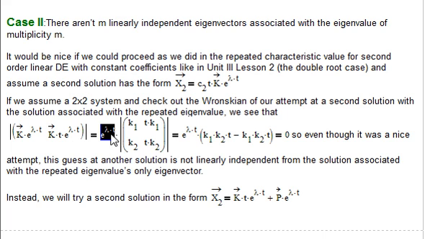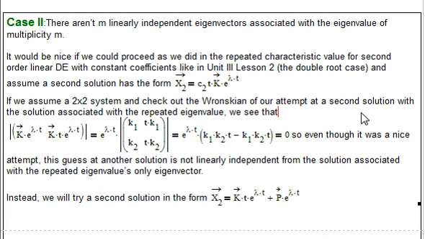If you factored out the e to lambda t, k1, k2, and tk1, tk2, and multiply that out, you get e to lambda t times k1 k2 t minus k1 k2 t, and the problem with that is it's 0. So even though it's a great idea, it doesn't work. The fact that it doesn't work means we've got to try something else. I'm ready, so let's go.